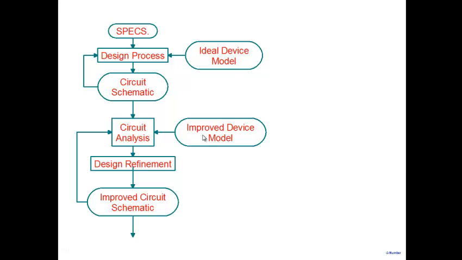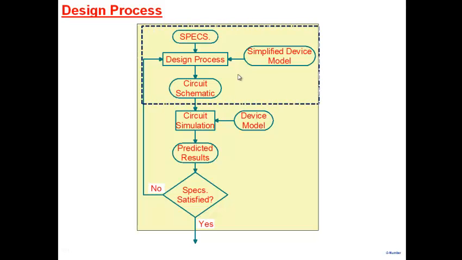For example, you may carry out a design using an ideal diode. Now you evaluate your design using maybe a 0.7 volt model, right? So you use a slightly more realistic model and evaluate it. Based on that, you refine your design and then obtain the final schematic. Note that circuit simulation is not coming into the picture here. This is the initial part of the design that I'm talking about.